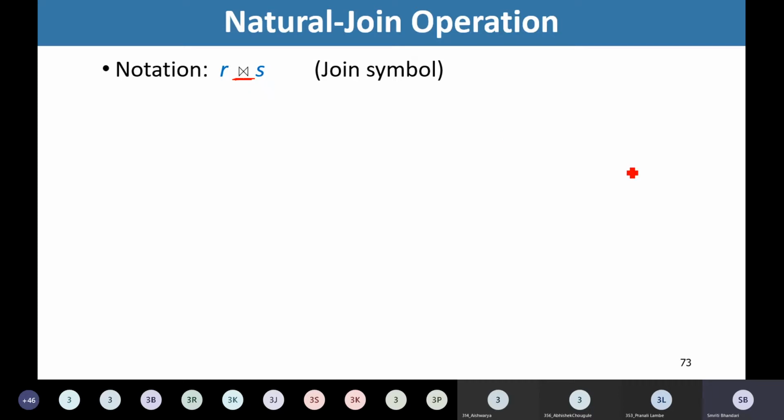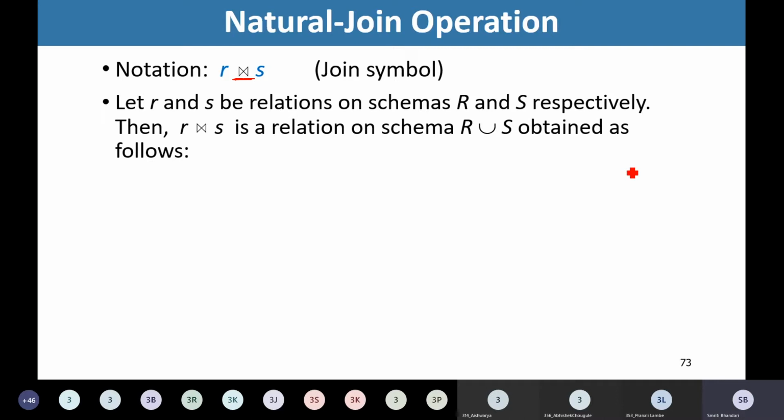Now, let us try to define this operation of natural join. Let us assume that we have these two relations R and S on the schemas capital R and capital S respectively.